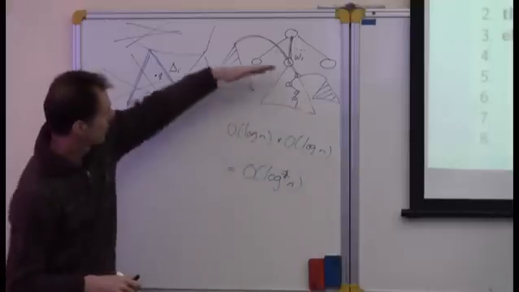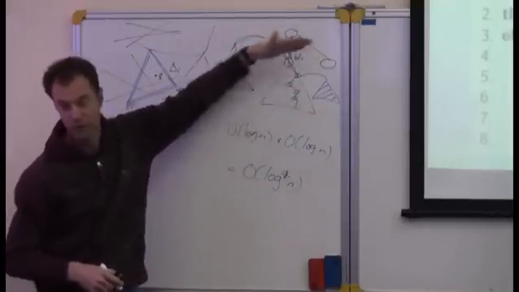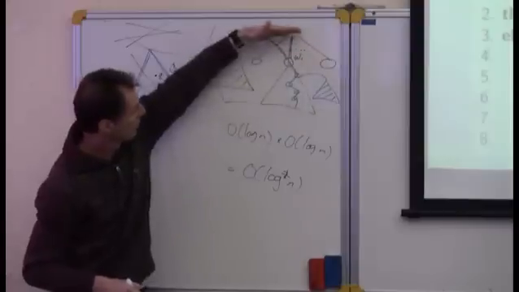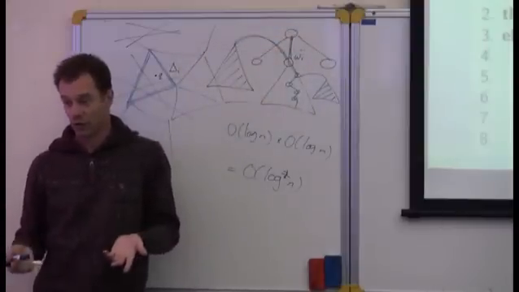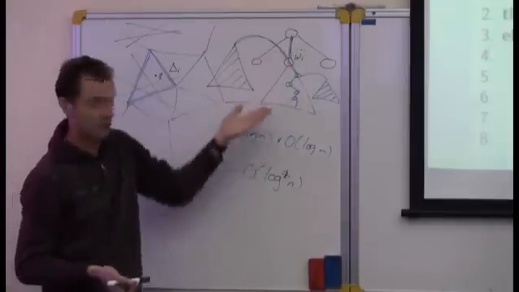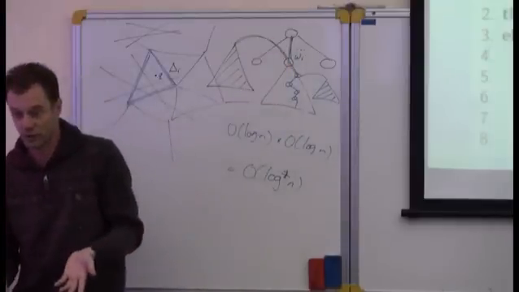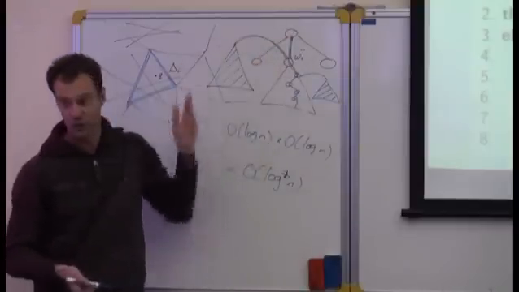So the problem is that here I have log n levels. For each level I spend log n time. So if in this main tree I could have less than log n levels, let's say a constant number of levels, then I only have a constant times this log n.